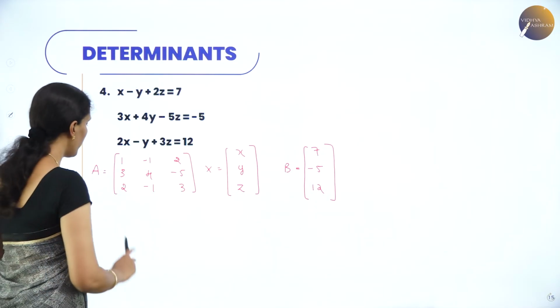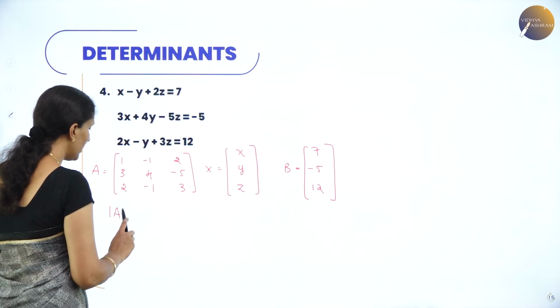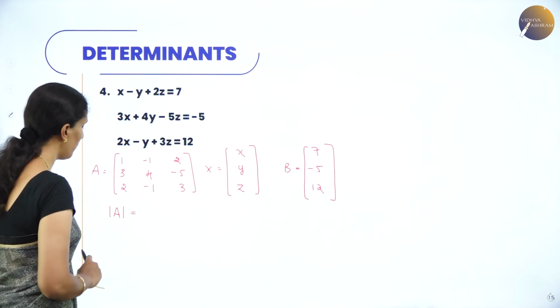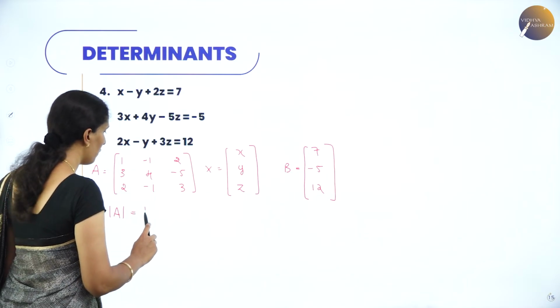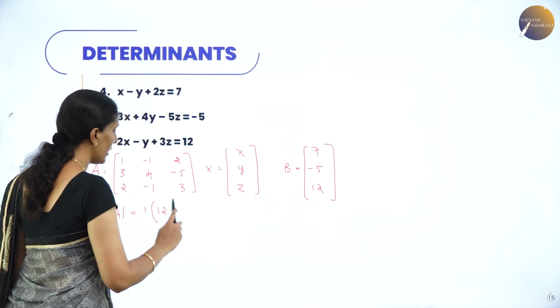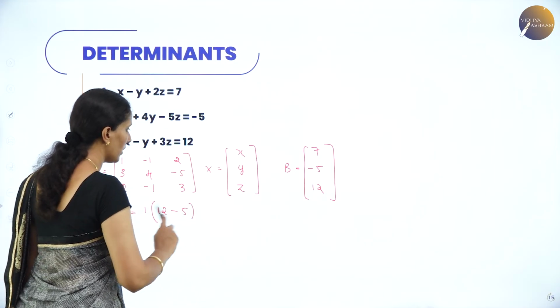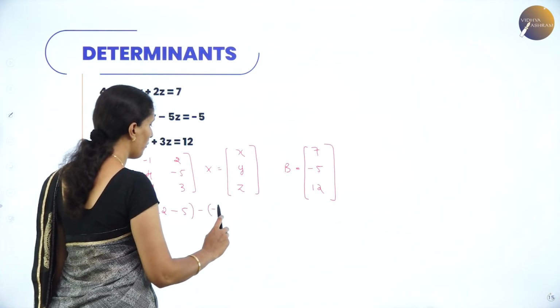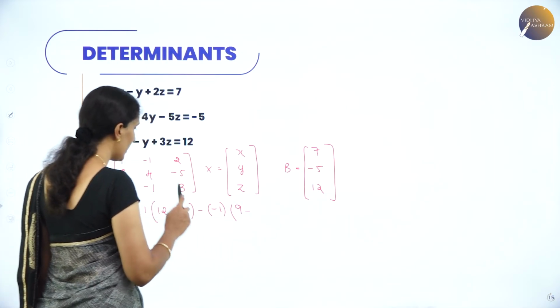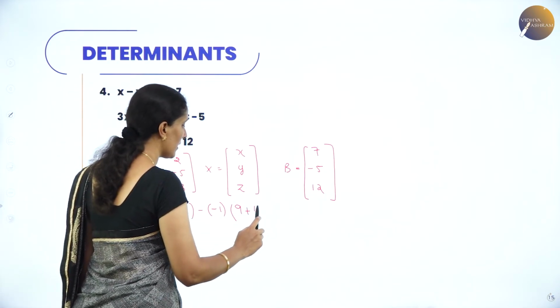So next, we are going to find out the value of the determinant A. So we expand through the first row here. So we have 1 into 4 3s are 12 minus 5, which becomes 5 only. Next is minus of minus 1. So 3 3s are 9 minus 10 becomes plus 10.